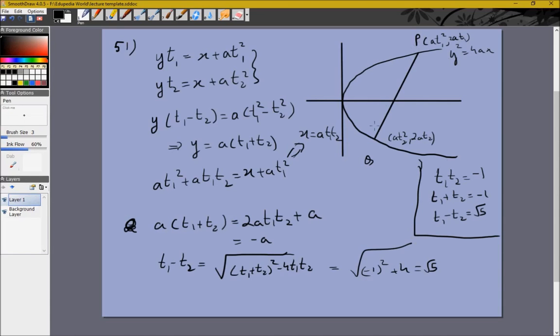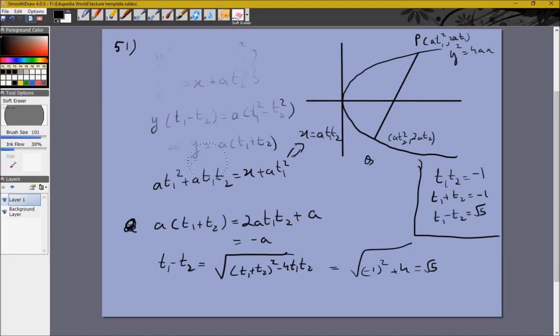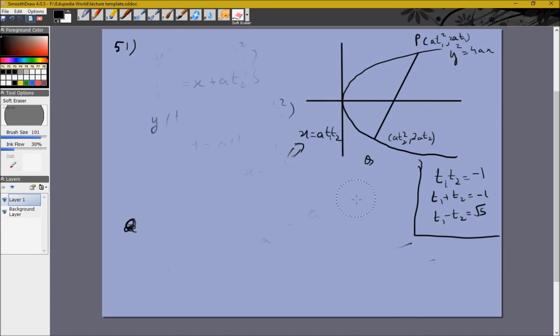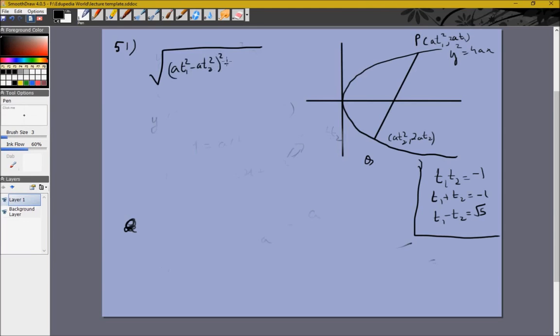Now we need to find out the length of the chord PQ. I'll just rub this part for a minute, because all that was important in that was these three relations. Now the length of the chord PQ will be root of (a t1 squared minus a t2 squared) whole squared plus (2a t1 minus 2a t2) whole squared.